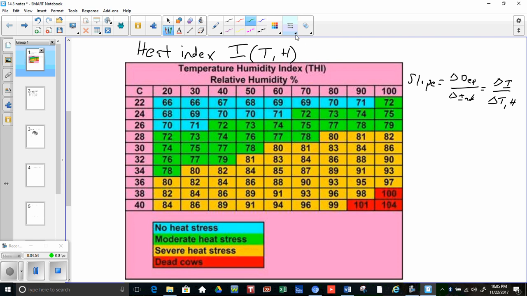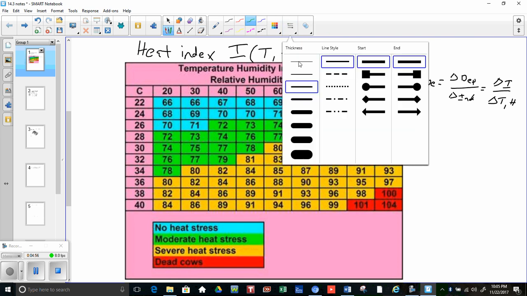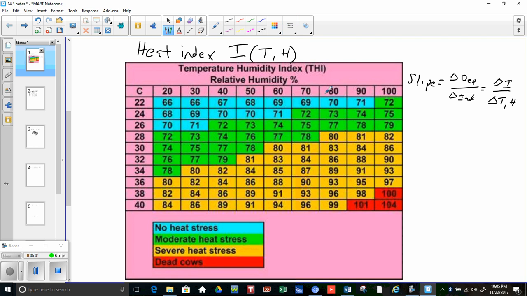I want to find how the heat index changes at 28, 50. So what I'm looking for is the derivative.